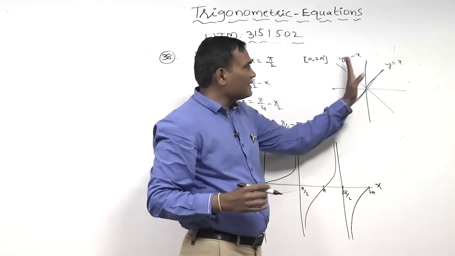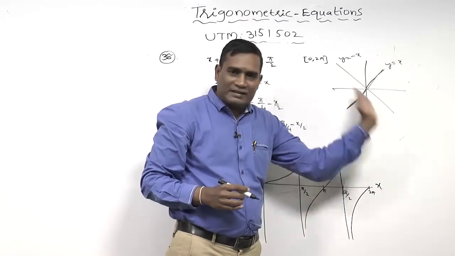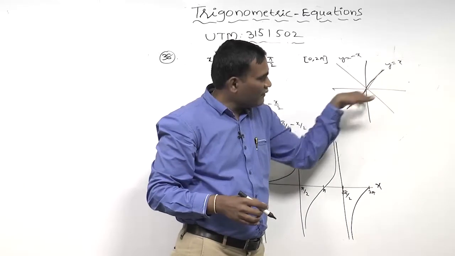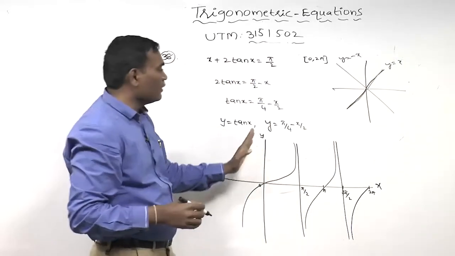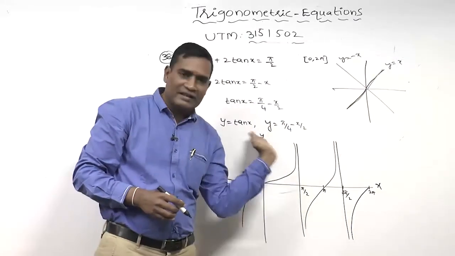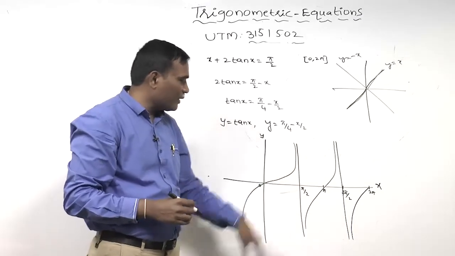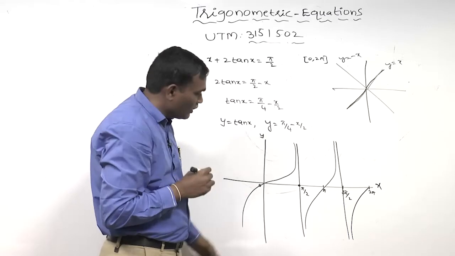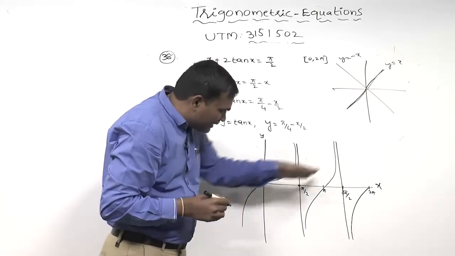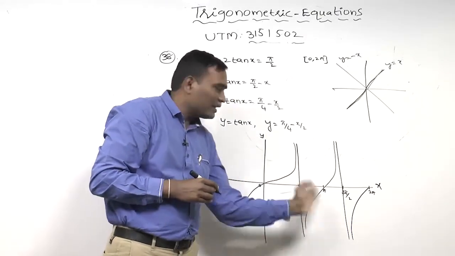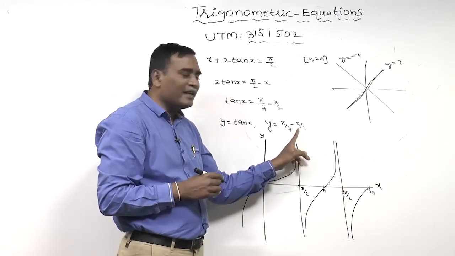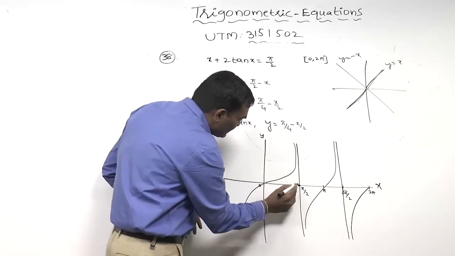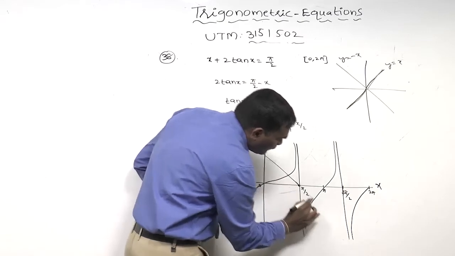With x negative, you draw like this; with x positive, you draw like this. So here also the graph slopes downward. At x is equal to pi by 2, it is 0. We can draw it like this or like this. Here the slope is negative, so you go through like this.